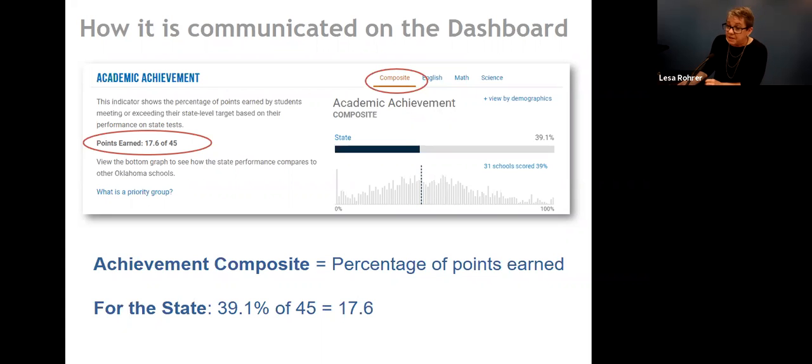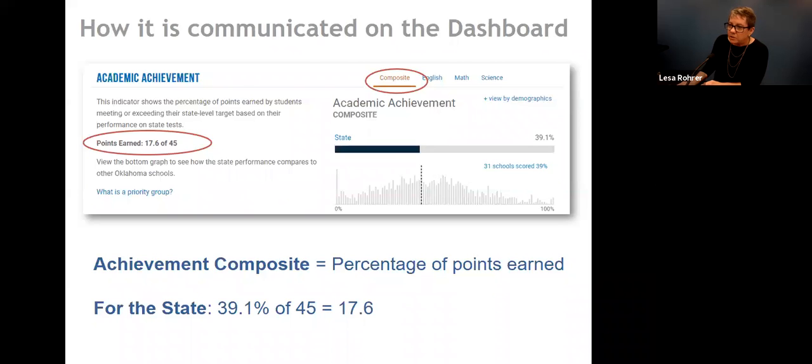And you have 15 for math in grades 3 through 8. And then you have 15 for science in high school. In grades 5 and 8, you would only have 5 points. And that may have confused you all, so I'll point you to a resource here in a moment. So if I did my math correctly, 39.1% of 45 is equal to that 17.6 points. And that's what you see here in this grid.